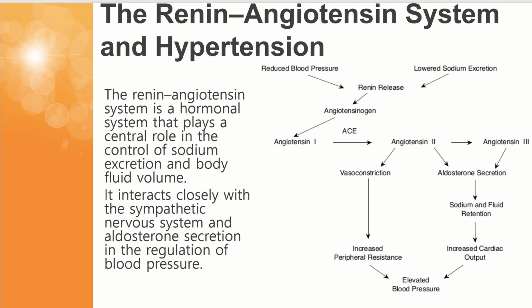Alright, so this renin angiotensin system, or RAS for short, and hypertension, well, it is a hormonal system that plays a central role in the control of sodium excretion and body fluid volume. So we can therefore immediately see the connection between the system and hypertension as well as diuretics, right?